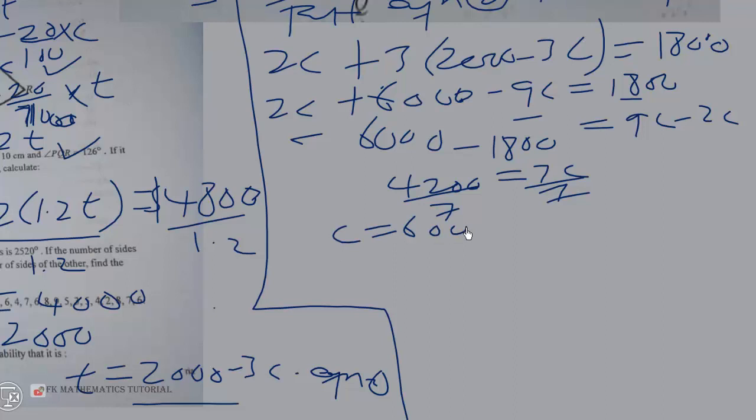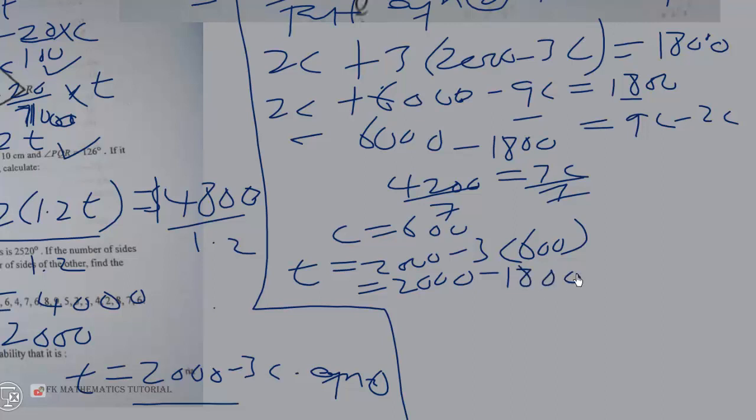Now when I put c equals 600 into t equal 2000 minus 3c, now the c becomes 600. So it will become 2000 minus 1800, which is equal to 200.